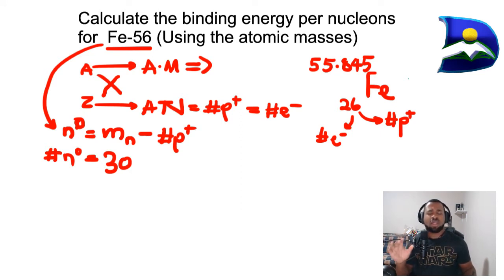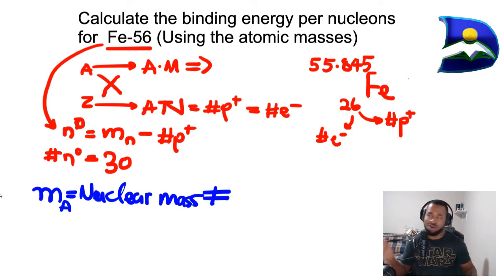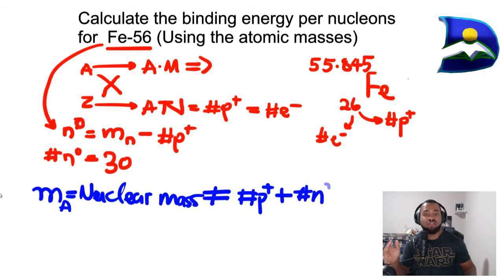So what are the things that actually make binding energy be established in the first place? We know for sure that our Ma, which we're going to represent here as our nucleon or nuclear mass, is not equal, surprisingly, or I would say not surprisingly, to the number of protons plus the number of neutrons.